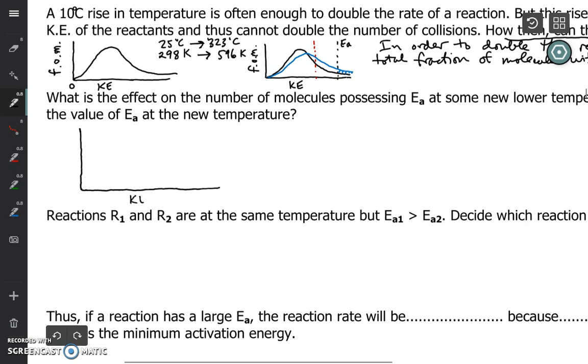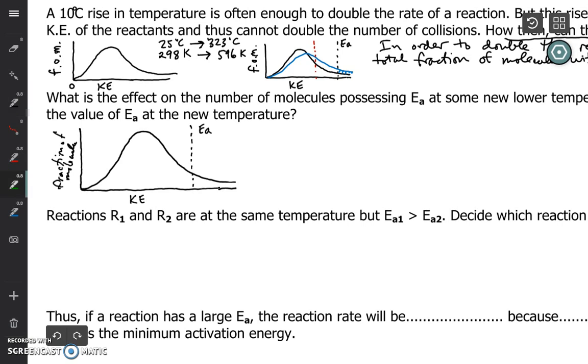So again, kinetic energy, again, fraction of molecules. So I'll have my original reaction, something like this. We'll place our activation energy, EA, and at some lower temperature, remember, it still anchors at 0, 0.